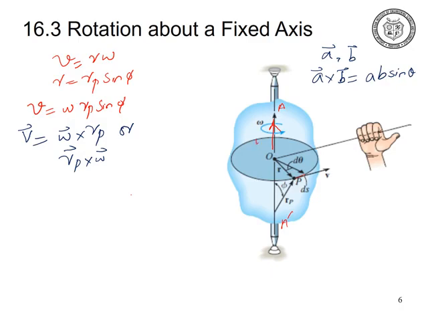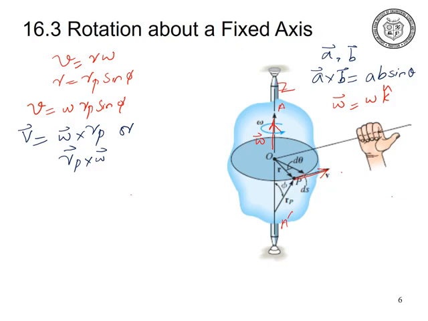This is the omega vector, which is simply omega times k, where we call this axis the z axis, so it becomes omega times the k unit vector. And the velocity v is tangent to the circle.